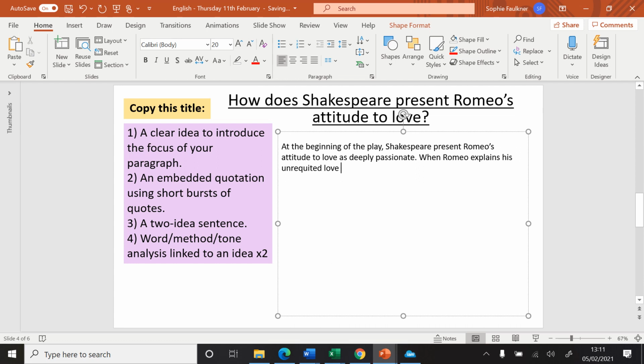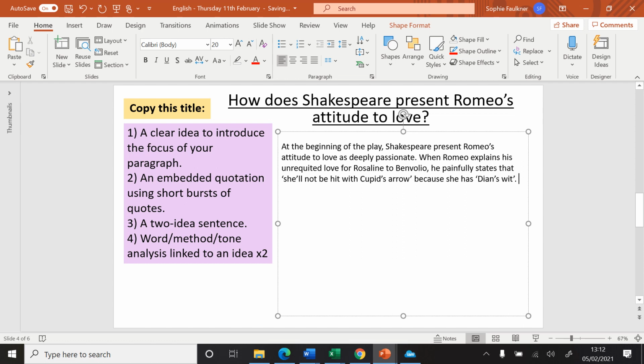When Romeo explains his unrequited love for Rosaline to Benvolio, he painfully, my tone word there, which I might come back to and analyse later, he painfully states that, my quote is, she'll not be hit with Cupid's arrow because she has Diane's wit. That's my embedded quote.